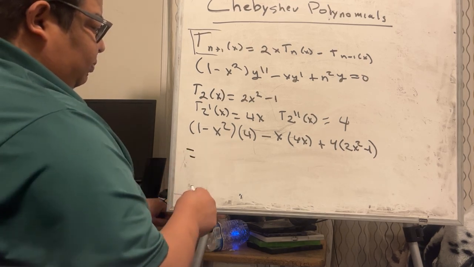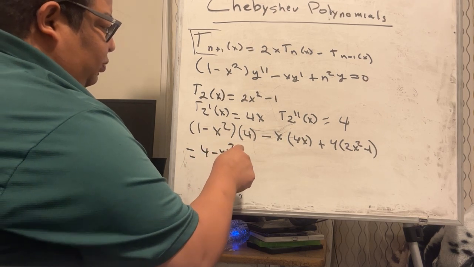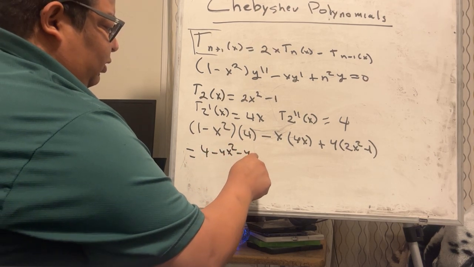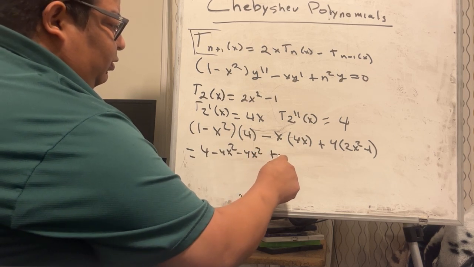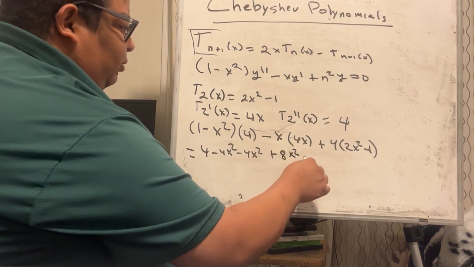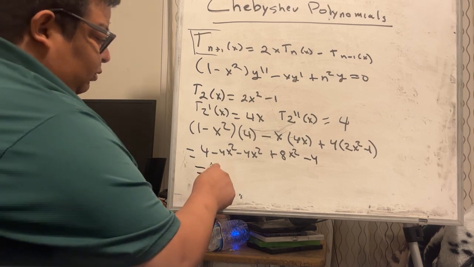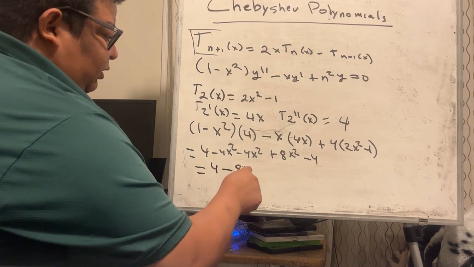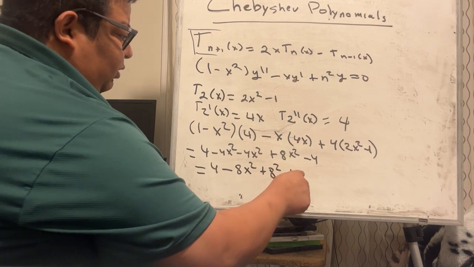Expanding this is going to be equal to 4 minus 4x squared minus 4x squared plus 8x squared minus 4. That's equal to 4 minus 8x squared plus 8x squared minus 4.